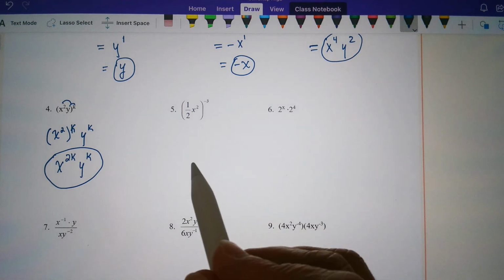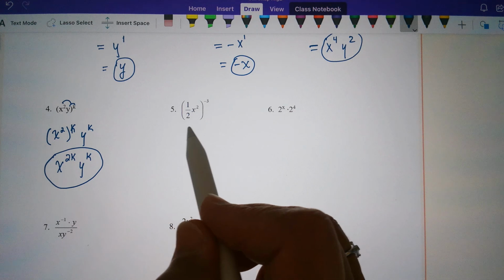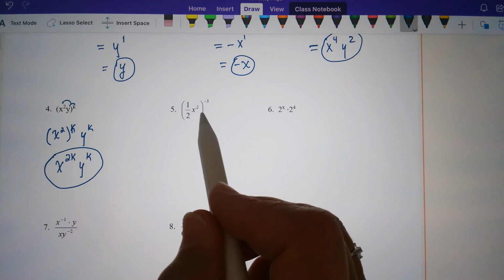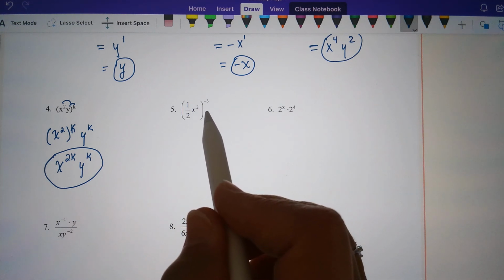Number 5, we have the product 1/2 x squared raised to the power of negative 3. So there's a few different ways we could do this.